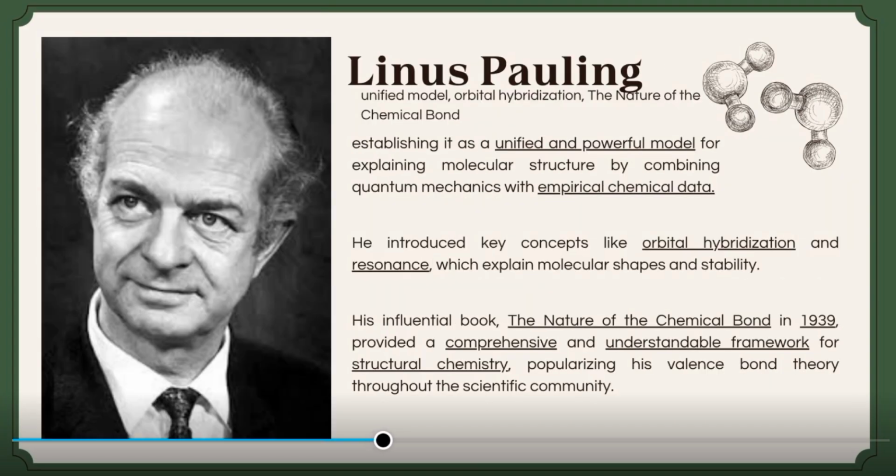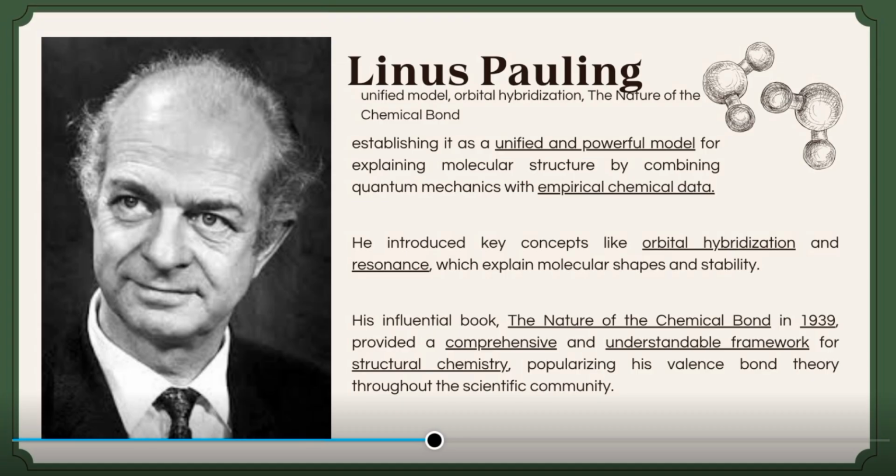Now, let's meet the man who gave valence bond theory its modern form, Linus Pauling. He's the one who connected the dots between quantum mechanics and chemical bonding, making chemistry more understandable and beautifully logical. Pauling introduced the idea of orbital hybridization and resonance, concepts that explain why molecules look and behave the way they do.